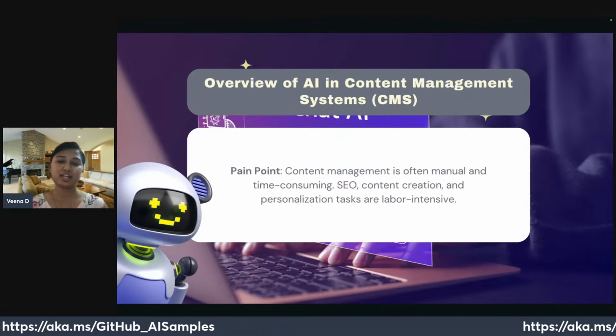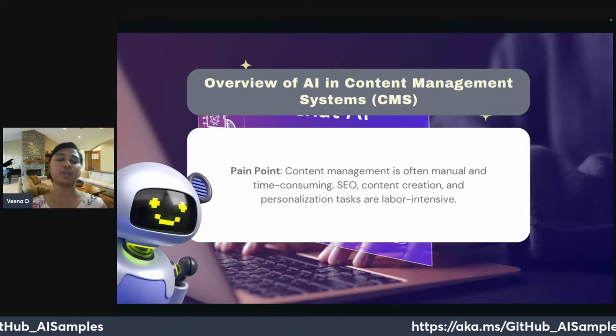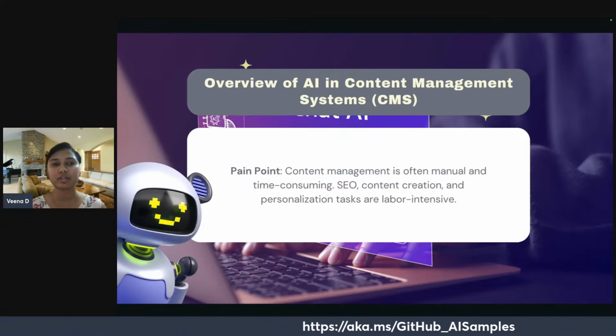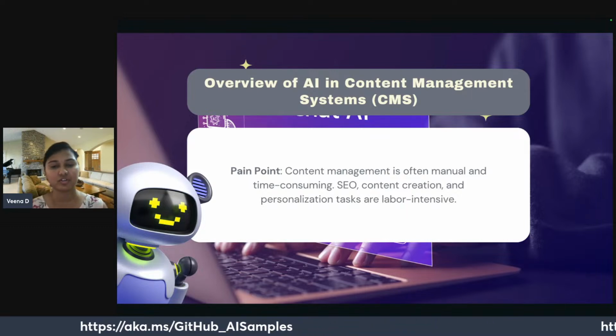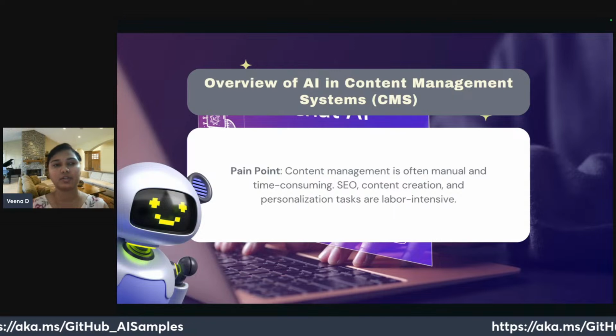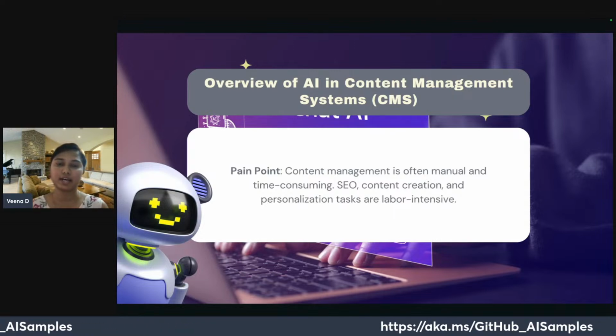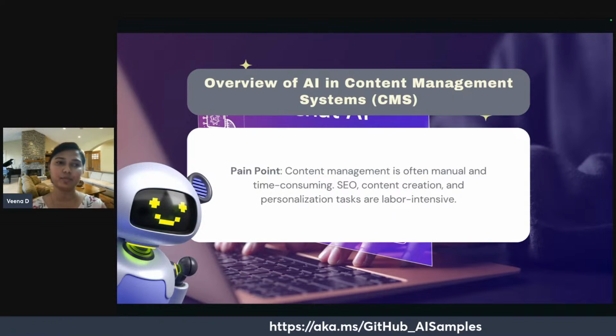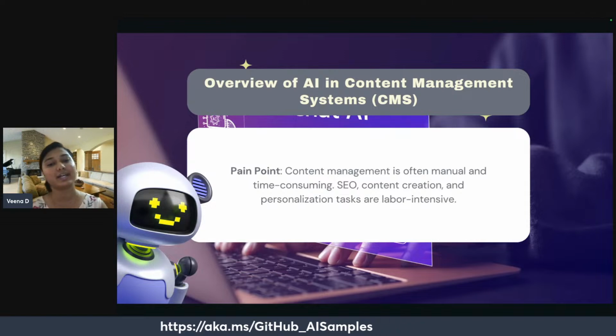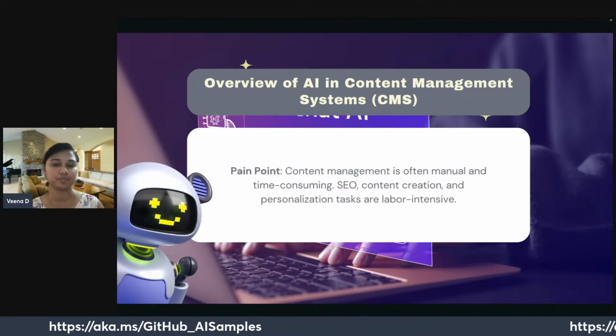When it comes to personalization, this is nothing but recommending what suits the users based on their behaviors. Let's say I'm a techie, so I'll be reading mostly tech related blogs, not others.